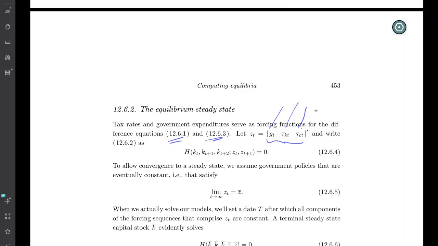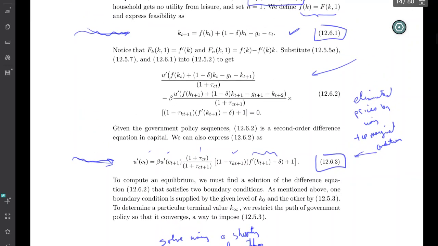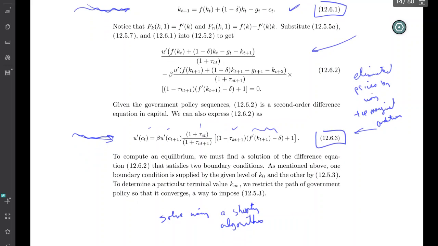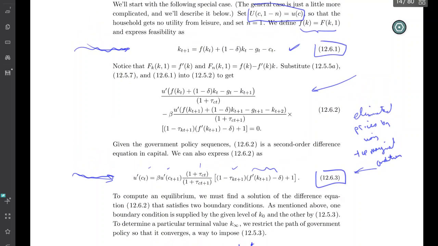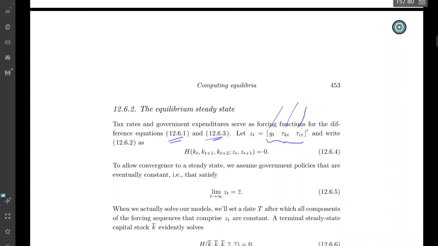It's a system of difference equations in capital. Actually, it should be this one, because I've substituted out consumption. Okay, good. Let's just proceed. I'm going to write this as this system of equations.